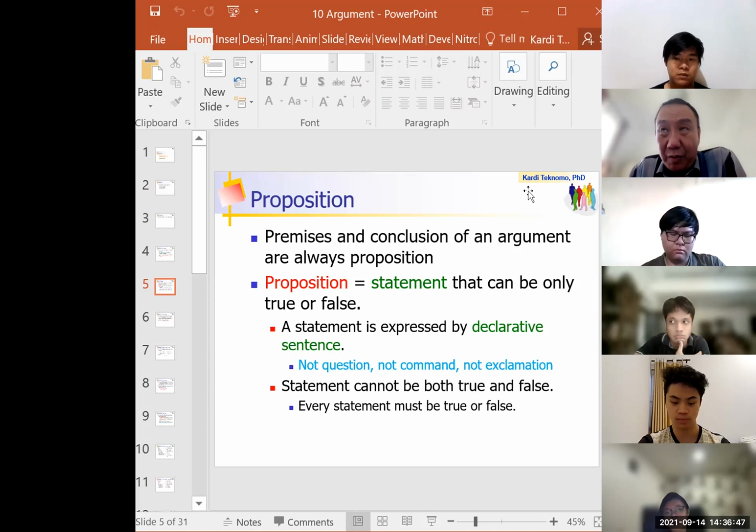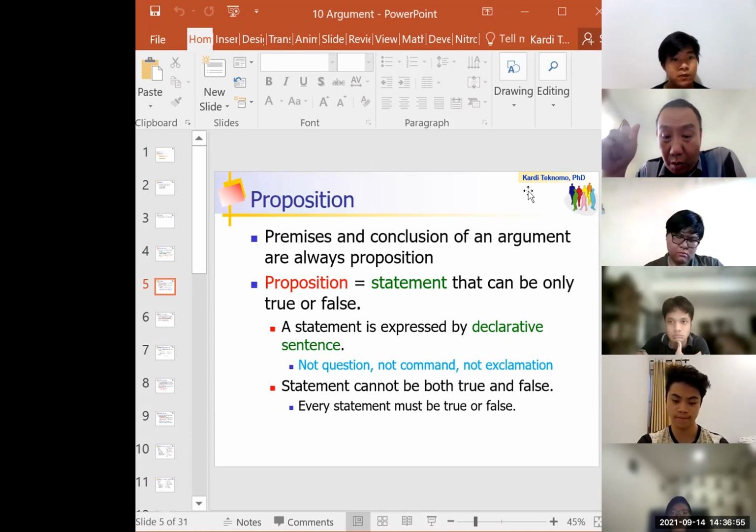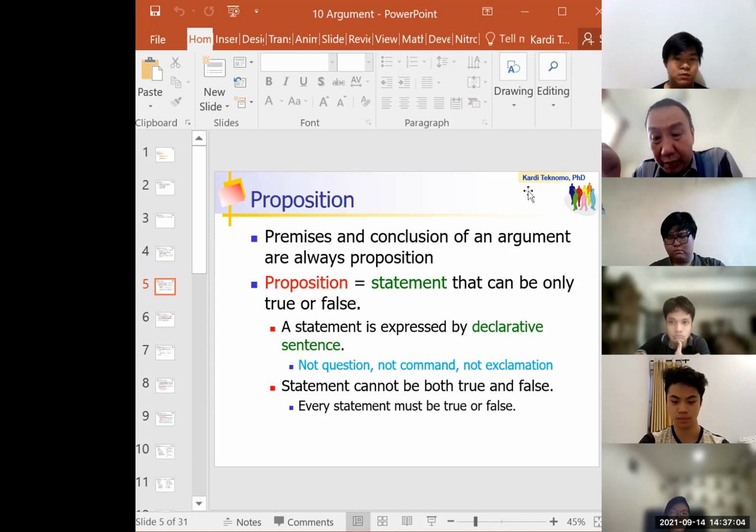Why don't we just call them statements? Because a proposition is a statement that can be true or false. It's not just the usual statement. It is a statement that has a value of either true or false.